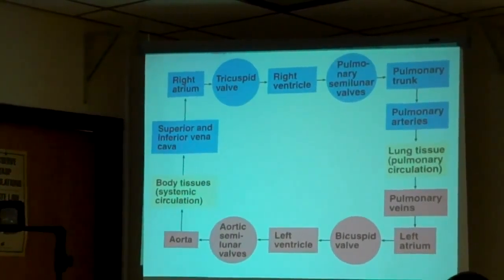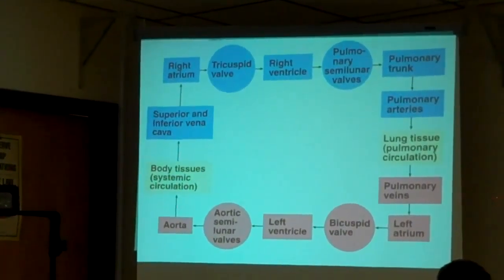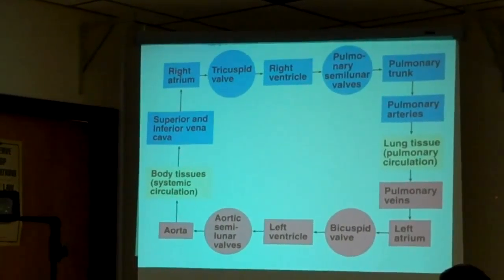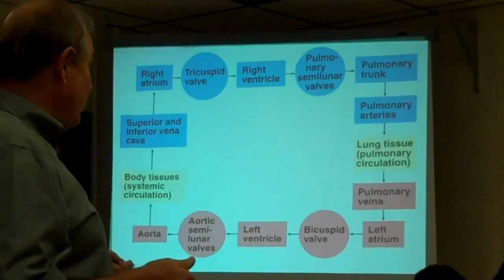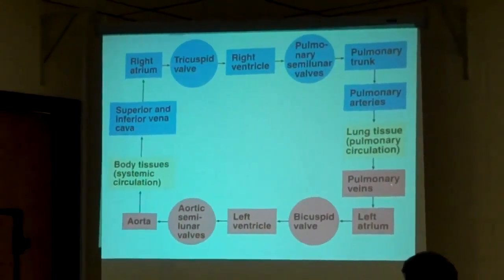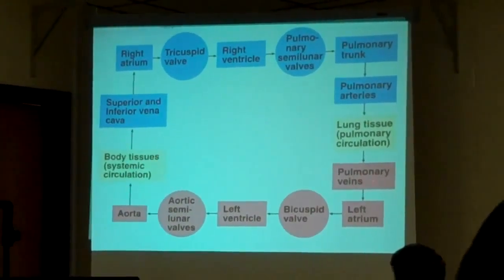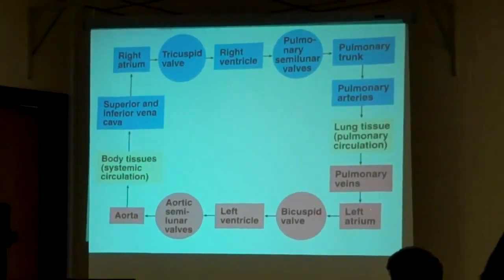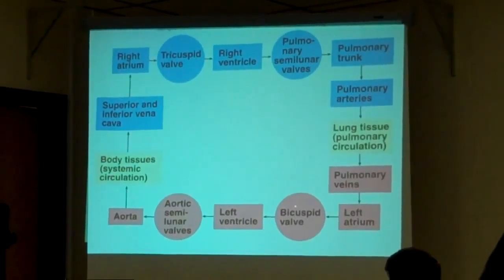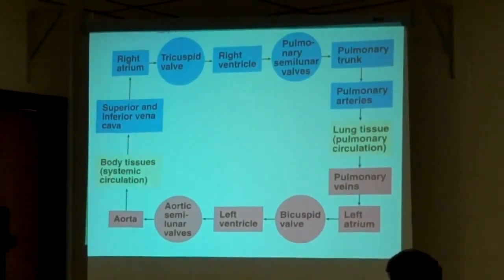Now, veins bring blood back. The reason that's in red is because the pulmonary veins are carrying oxygenated blood. By definition, what does a vein do? Brings blood back to the heart. But the pulmonary is red because the blood is oxygenated. Left atrium, obviously. Bicuspid, or what's the other name for that?